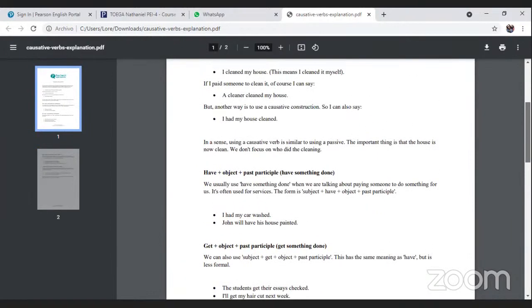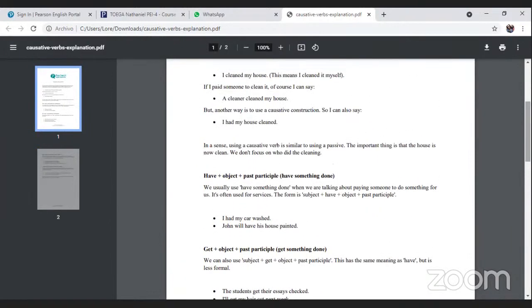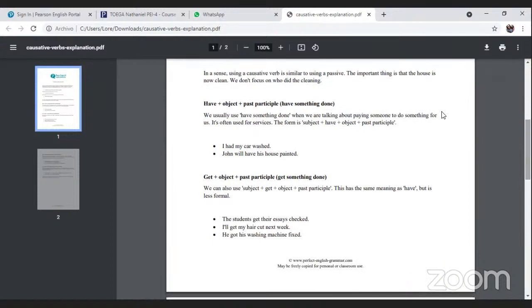So can you give me please one example using the first structure, like in this part? I had my dog killed. Okay, kind of a sad example, but the only one that comes to mind.